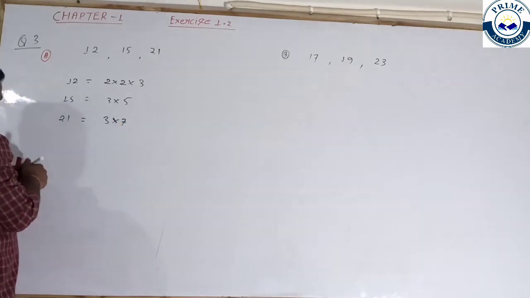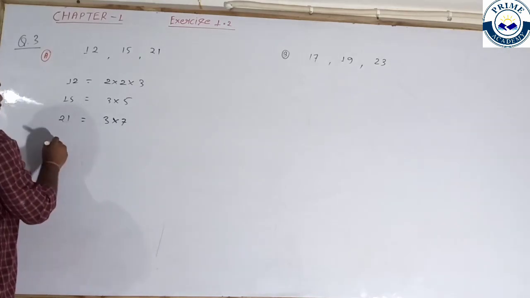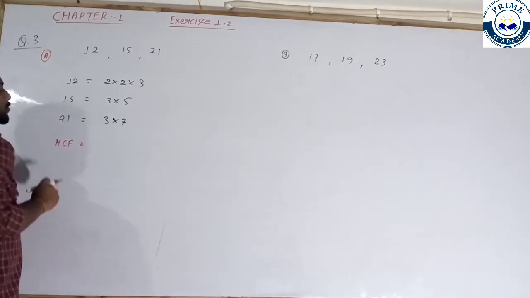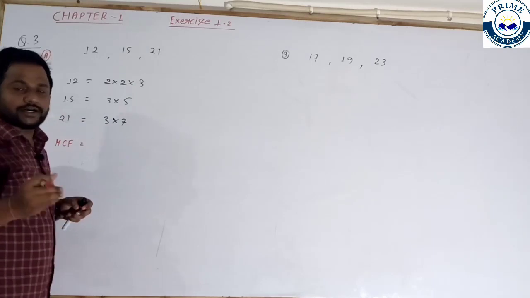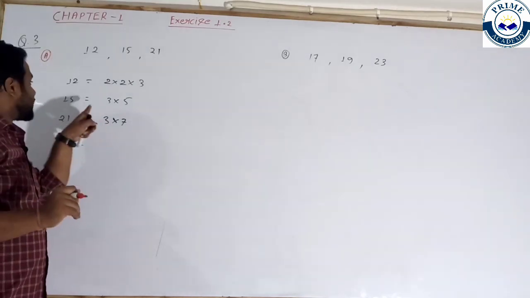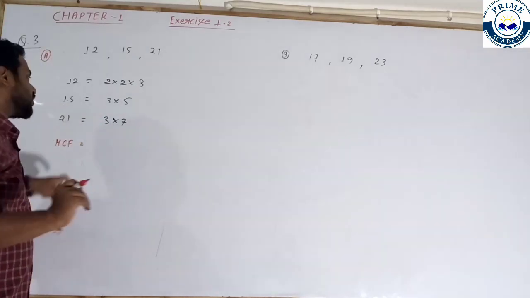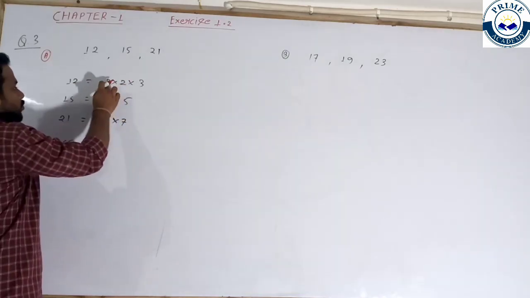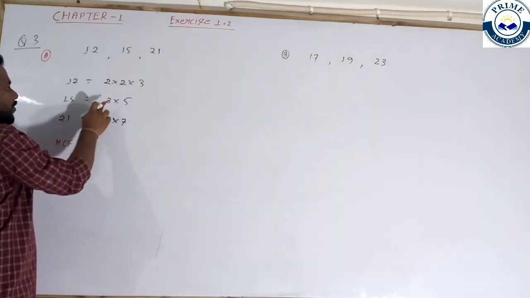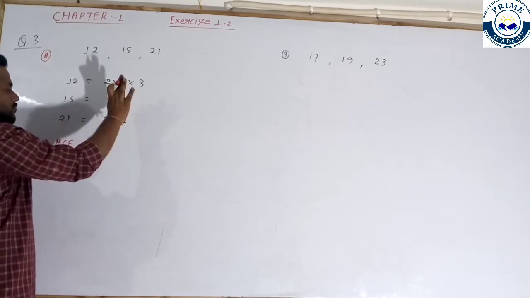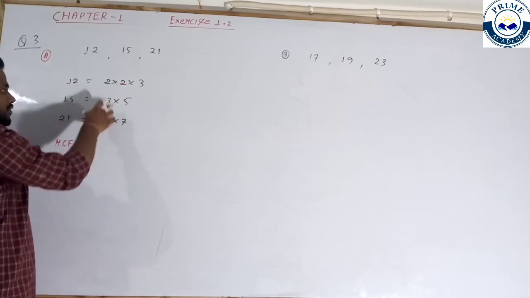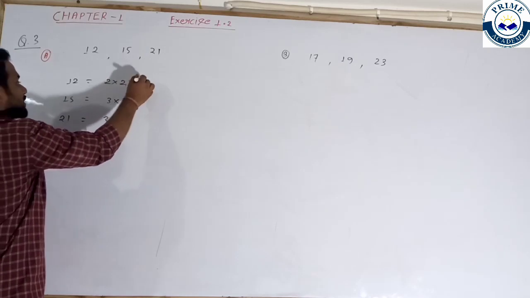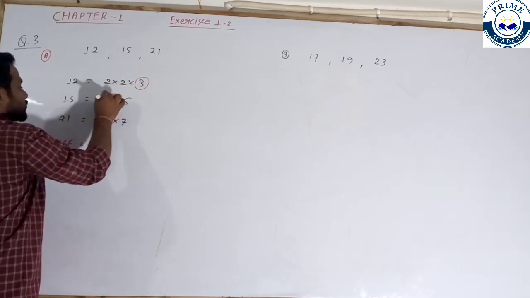So first of all, you just calculate HCF. As I told you already, पहले भी मैंने बताया HCF कैसे कैलकुलेट करेंगे. HCF के लिए जो कॉमन, what is the common in both? 2 is not here, but here. So we can't take it, 2 not here. 3 is here, 3 here also, and 3 here.